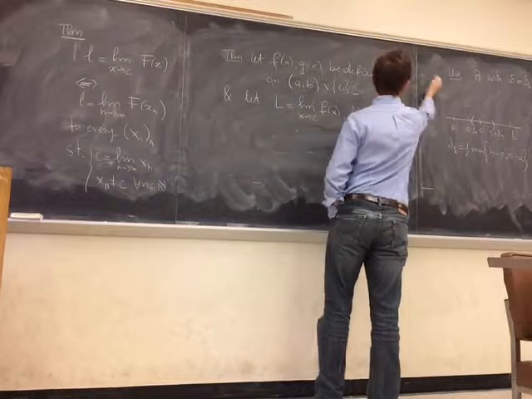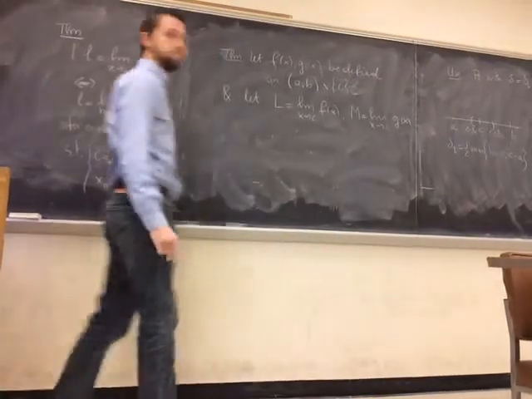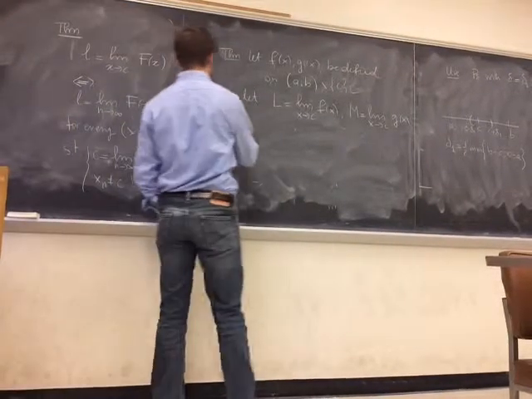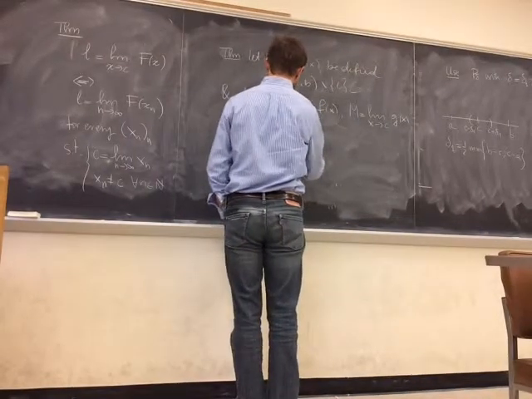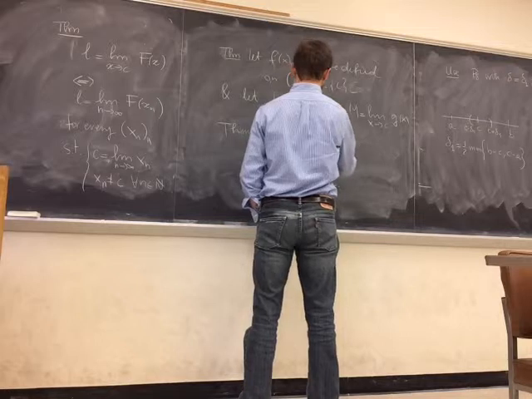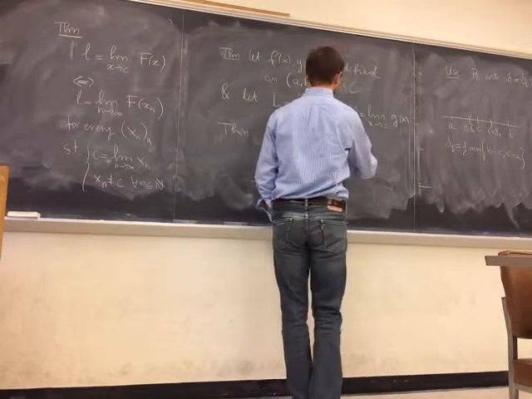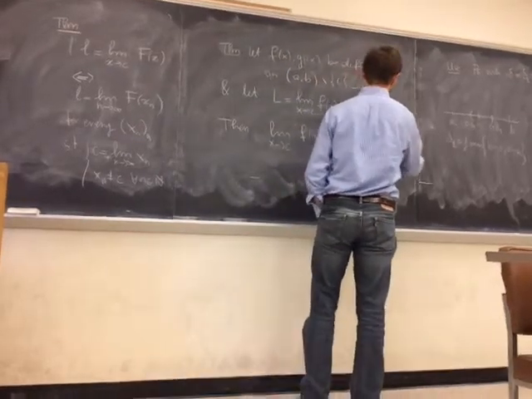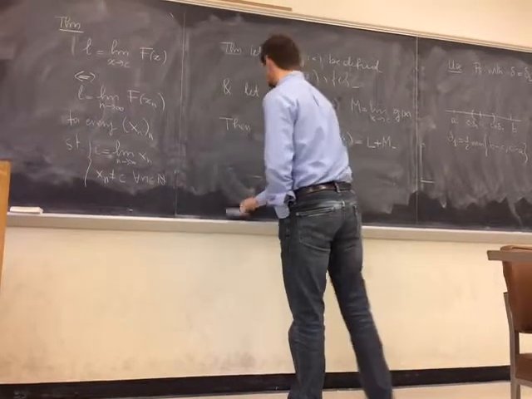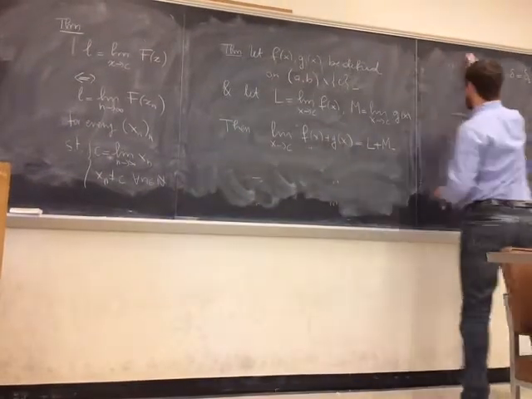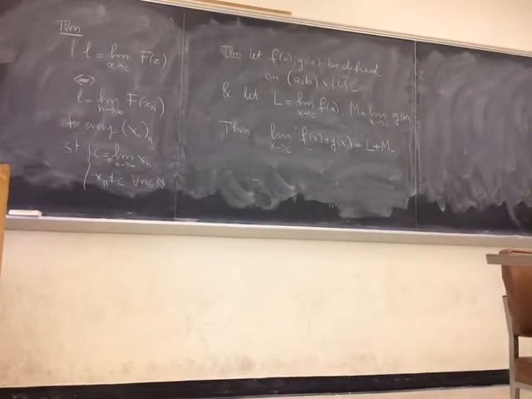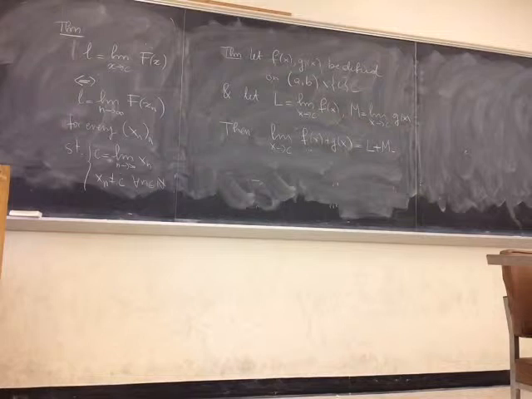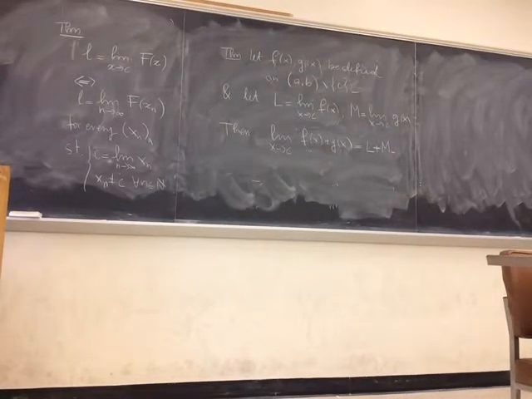So I have two functions which have limits. Okay? My conclusion is that then the limit as x goes to C of f of x plus g of x is equal to L plus m. And there is a very simple proof of that.